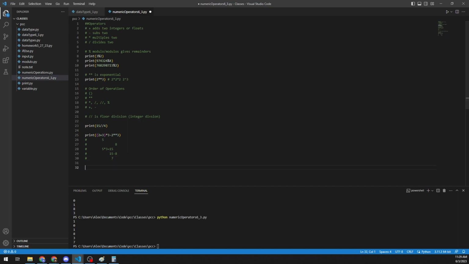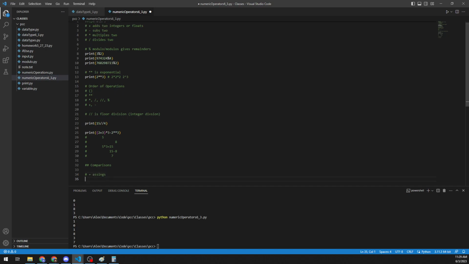All right, so we're going to do a few more operators, but these are going to be called comparators or comparisons. An equal sign assigns something.